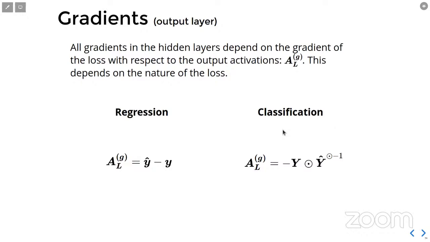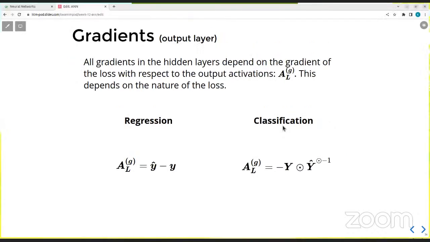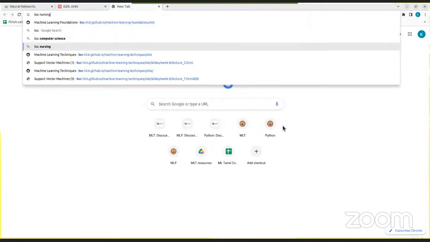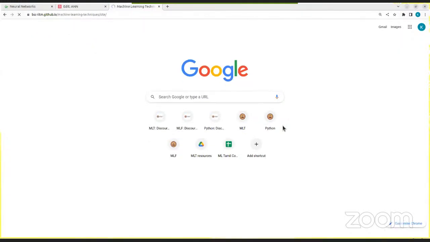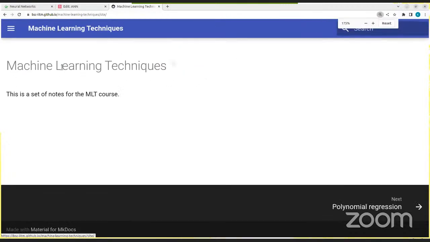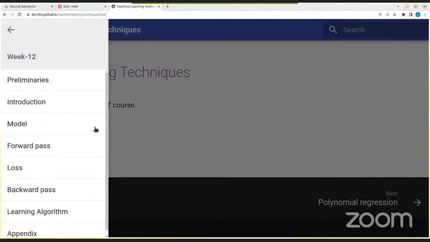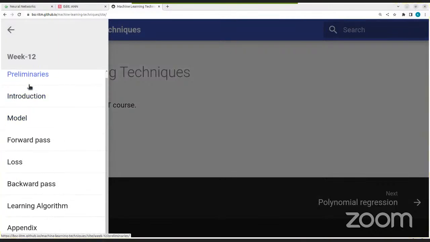Okay, so this is even tougher in some sense. So the gradients with respect to the output layer are super tough. So I have two resources for that. One is a set of notes that we had for week 12. It was incomplete. Unfortunately, we couldn't do it for the entire course.